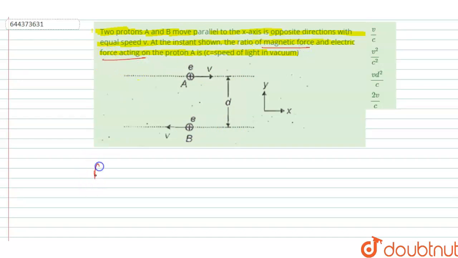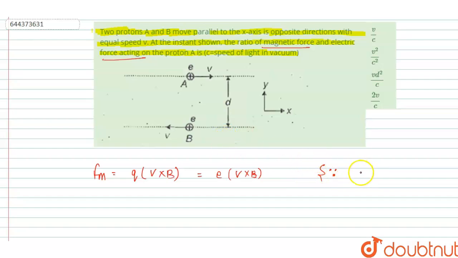Magnetic force is equal to q into v cross B, where the value of q is equal to e. That means we can write e into v cross B. Firstly we have to find the value of the magnetic field.